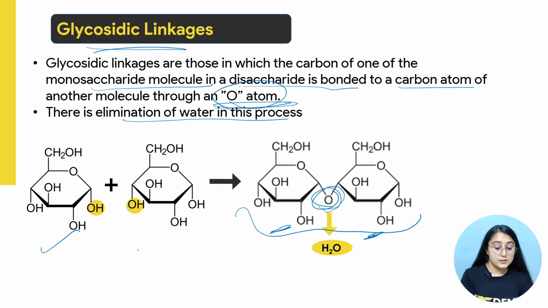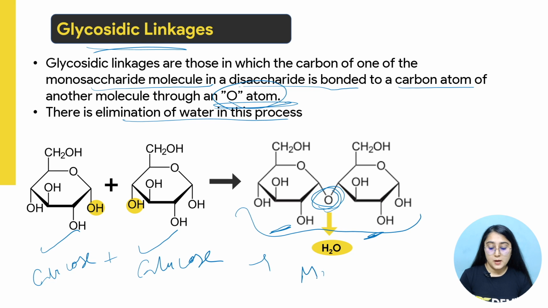So let us look at glucose and glucose. Here one glucose is joining another glucose to form maltose. Now if we look at the formation over here, these two OH groups will eliminate water.